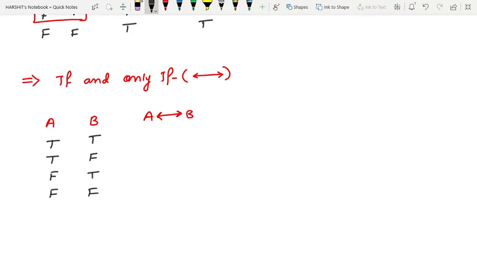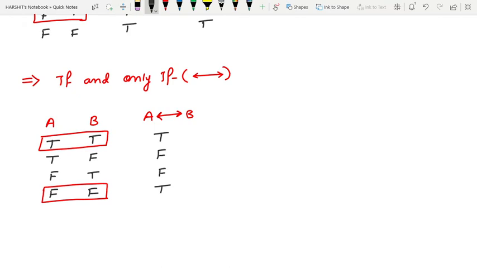So if and only if says that for same input values, the output will be true, and for different inputs output will be false. So here you can clearly see that for this particular input pair we have the same value true, true, and here we have the same value false and false. So for both these inputs the output will be true, and for rest of them it is false.